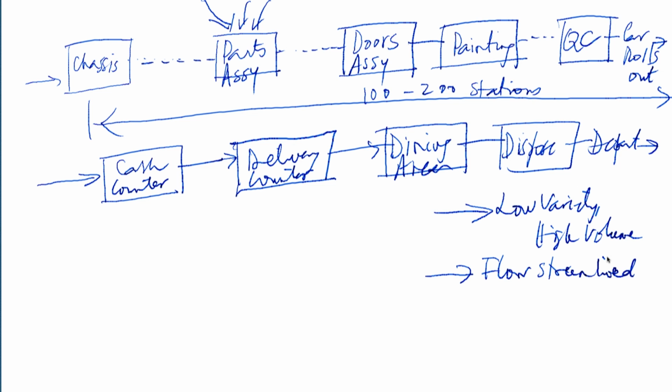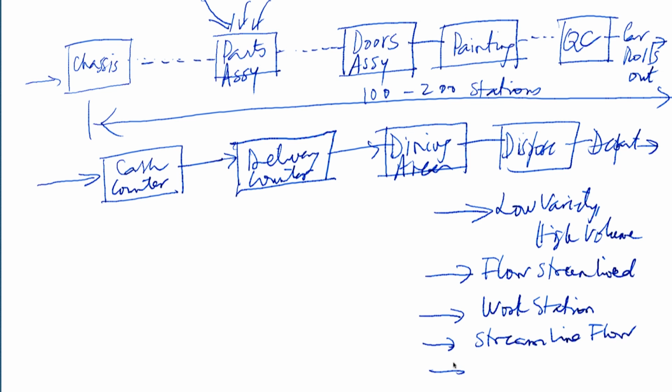And if flow has to be streamlined, then it's all about having workstations which are equally spaced, which is very important. And if we want a streamlined flow with workstations, it's all about balancing them.